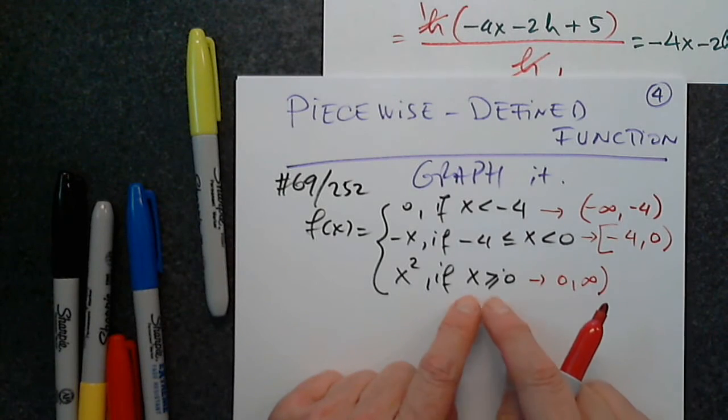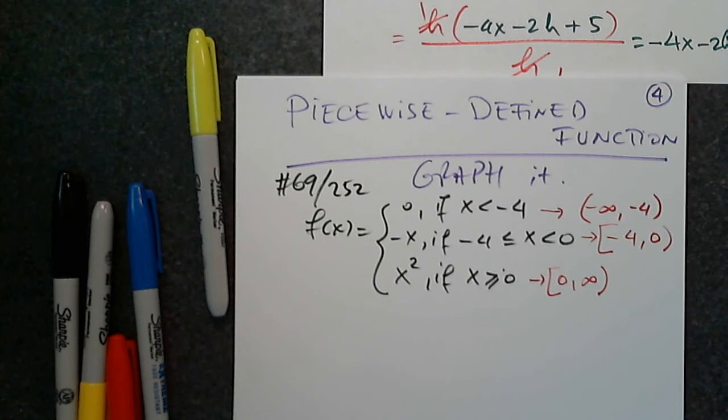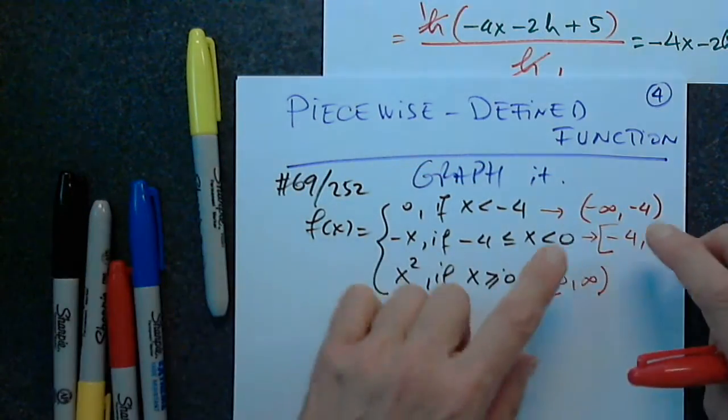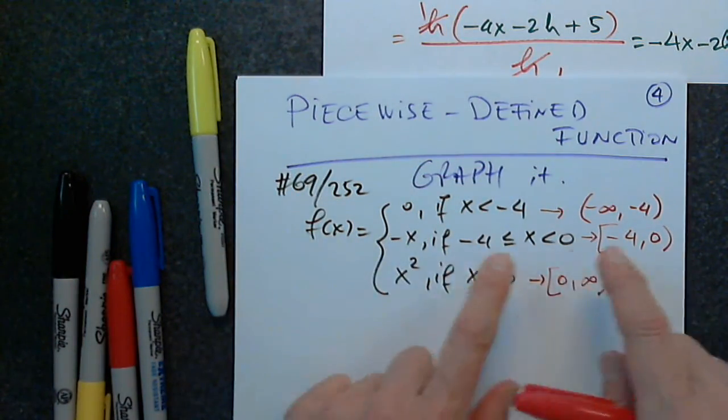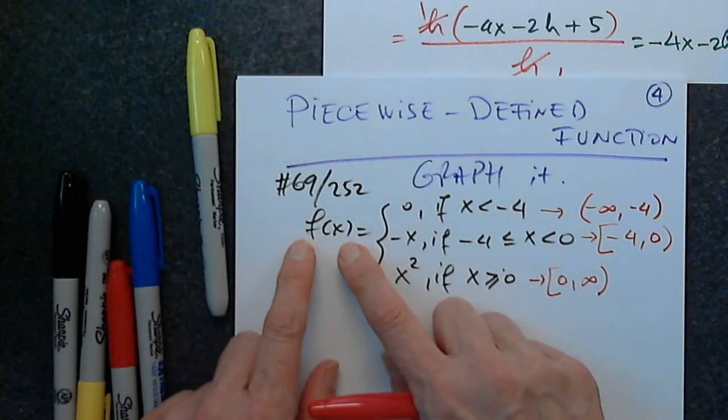Infinity is always a parenthesis, and here, awesome. Very good. So now let's analyze these three pieces, because the domain belongs to this. This is the domain for this one, this is the domain for this one, this is the domain for this one, but we are really interested in the domain of the function f.